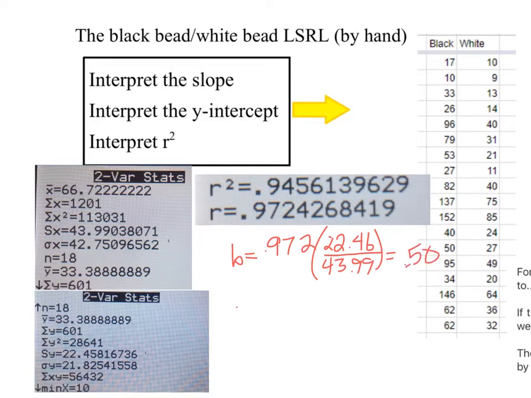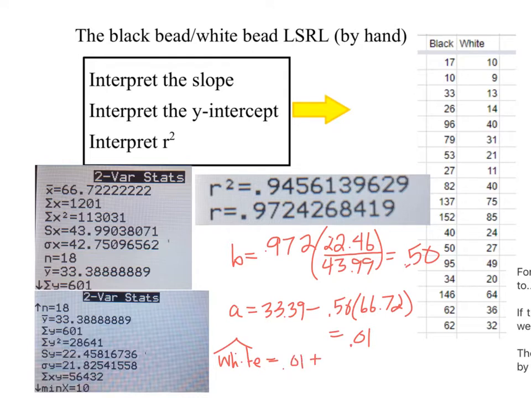So then remember the way we get our intercept is we do the y bar, which was 33.39, minus the slope multiplied by x bar, which is 66.72. So this is 0.01. So this means the number of white beads hat, remember that hat, is equal to 0.01 plus 0.5 times the number of black beads.